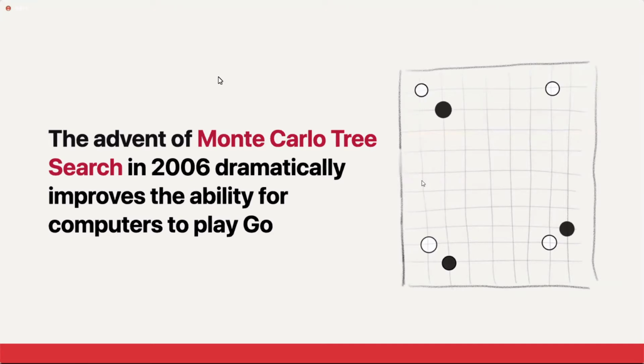Once Monte Carlo tree search was introduced, the ability for computers to play Go became dramatically better. And of course, we all know the recent events of AlphaGo. Even though they're rather sophisticated, they're based on Monte Carlo tree search.